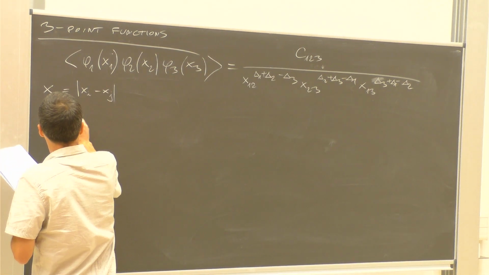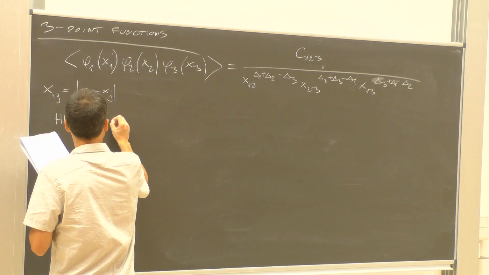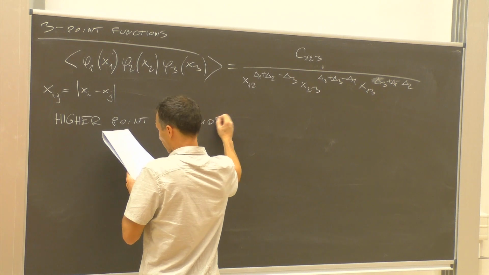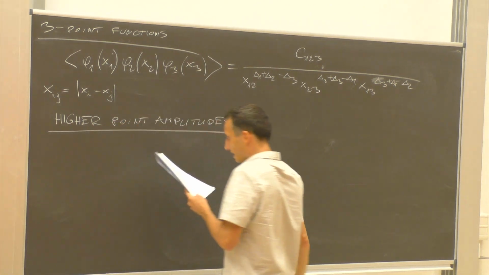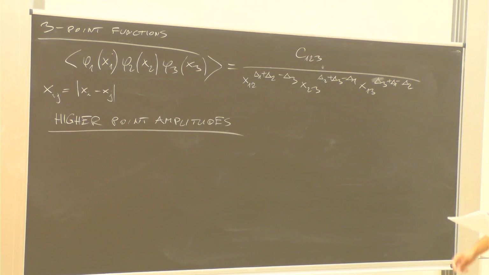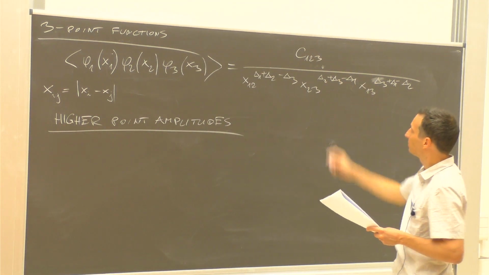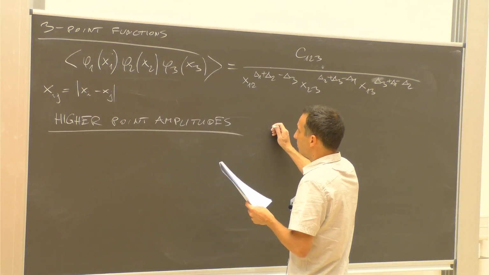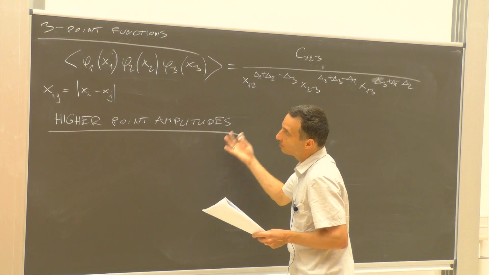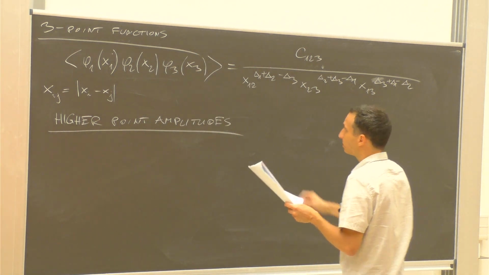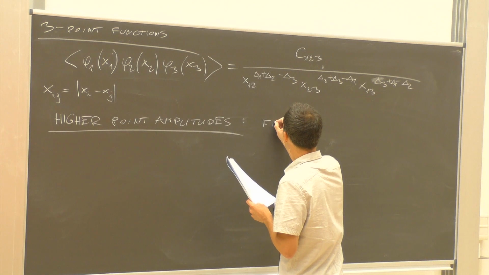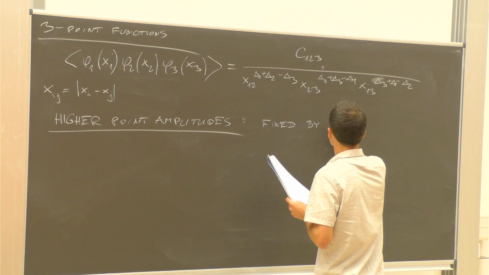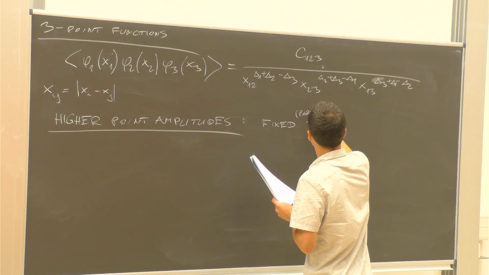And then finally, higher point amplitudes are not fixed like 2 and 3-point functions. I mean, they are partly fixed, but then they may depend on these cross ratios, which I mentioned before. Let me write x partly.